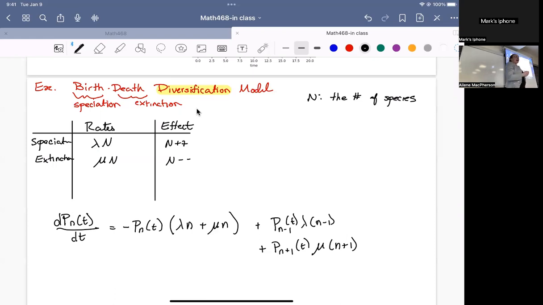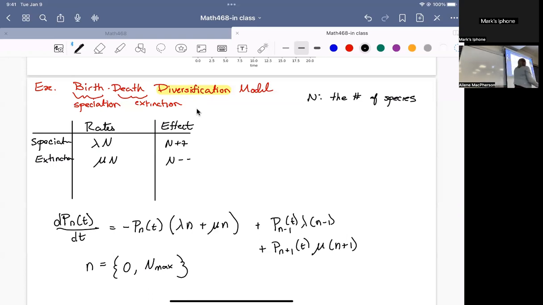What is the biggest n could be? I love your strategy. Just pick another letter and define it as the max. I love it. In some ways, that's actually exactly what we do. So I'm going to do that. Technically, the number of species could be infinity, but obviously you could not write down an infinite number of differential equations.